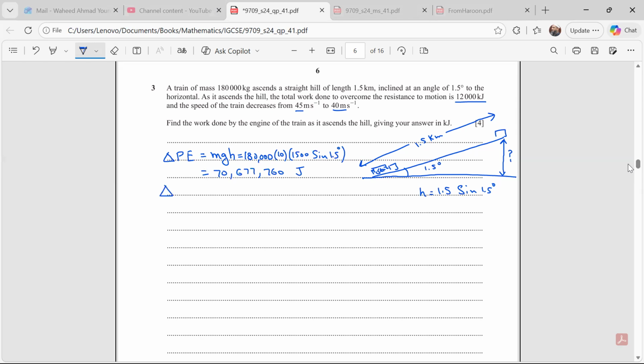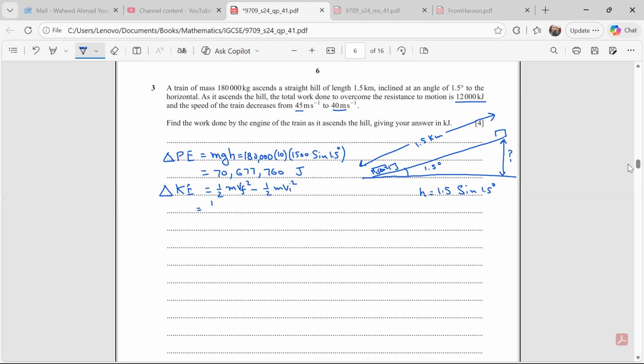Now how about the change in the kinetic energy? You see, kinetic energy is reduced. The initial speed was 45, now it is 40, so it is reduced. So this answer must be negative. Final energy is half m v squared, so v_f squared, minus initial energy, half m v_i squared.